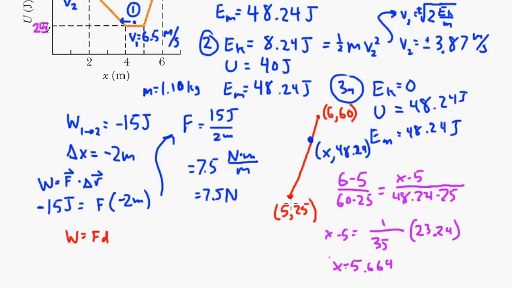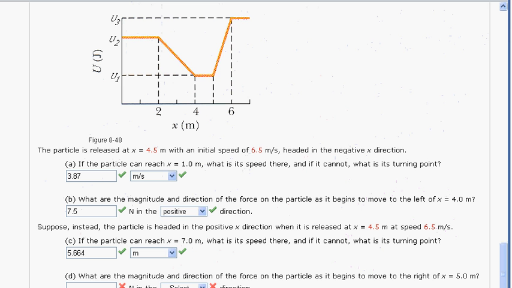As you go up this hill, you lose. If you went all the way up this hill, you would lose 35 joules, and that's going to equal force times the 1 meter you traveled. So the force is negative 35 divided by 1. Joules divided by meters gives you newtons. So our force should be negative 35 newtons, 35 newtons in the negative direction.